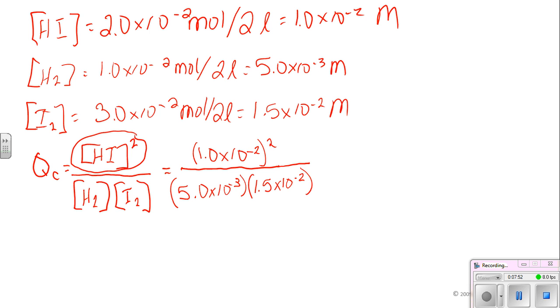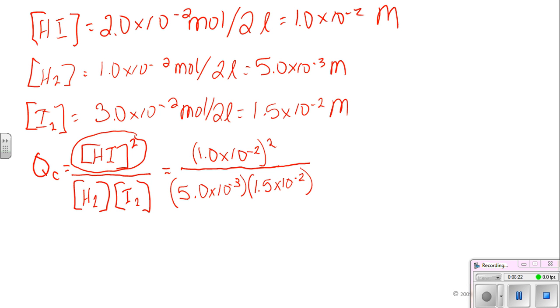increases and the H2 and the I2 decreases. Then this will make Q bigger, or make it closer to K until Q equals K. So basically this is telling us, based on our starting amounts, which direction the equilibrium will move to get the reaction at the more correct concentration.